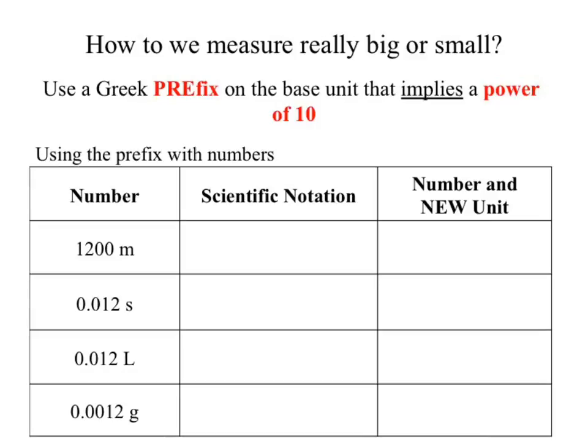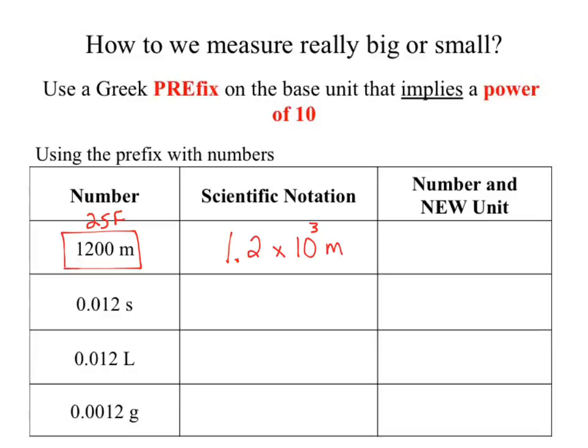How many significant digits in that first number? 2 sig figs, which means when I go to scientific notation, I will end up with 1.2 times 10 to the, was it third? Oh wow, it was. Third, and you'd be wrong. Meters.